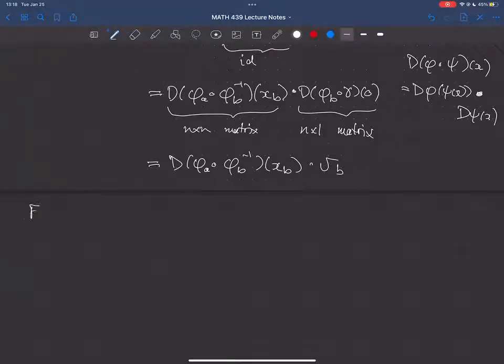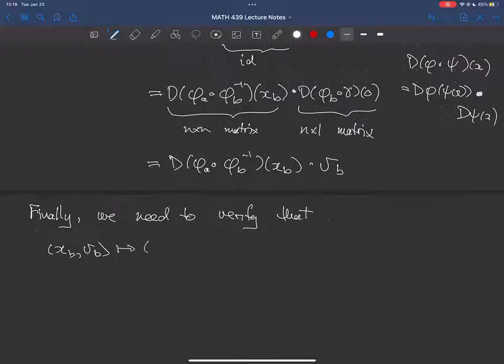So finally, okay, so that's the overlap map.